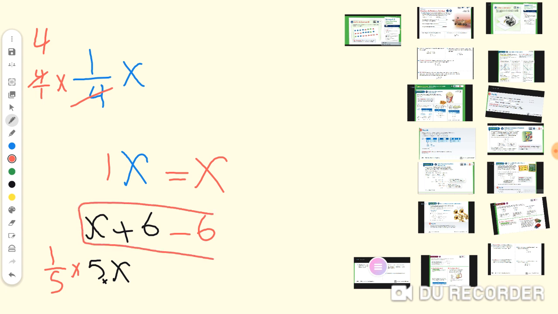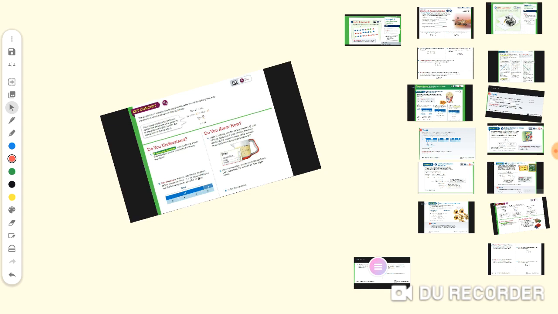These are the two cases that I want you to know to get x alone. So, I'll give you the conclusion of what we want to study today. It's here. I'll give you an equation like this one.